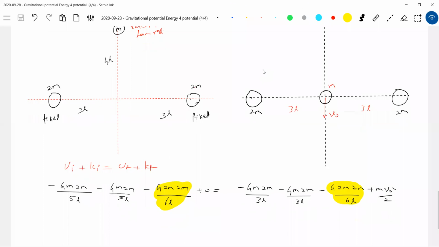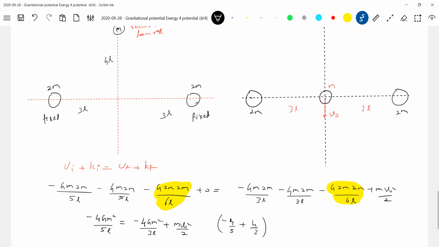So simplifying further, this will be minus G M square, and send it on that side. So this will be 4 minus 4 by 5 plus 4 by 3, G M by L, equal to v naught square by 2.